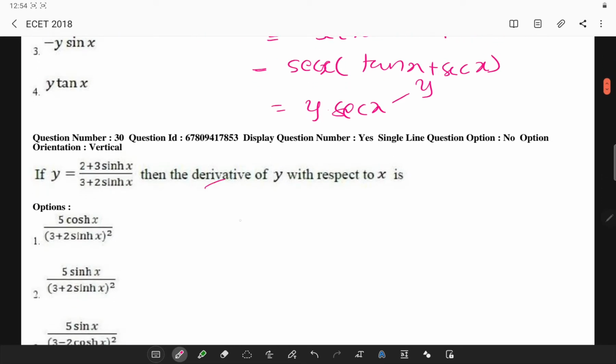Now this is also again related to derivatives, and it is in the form of u by v. So we'll be writing v into u dash minus u into v dash by v square.